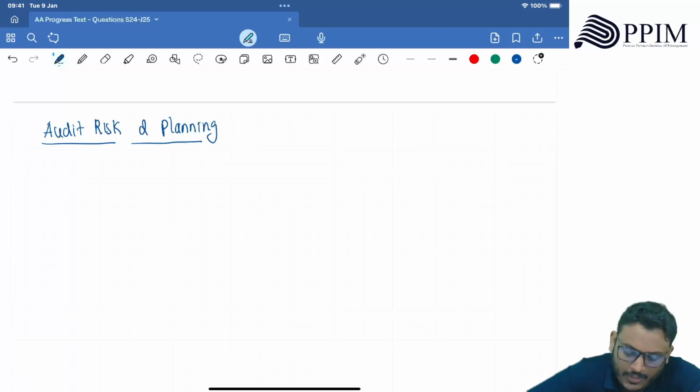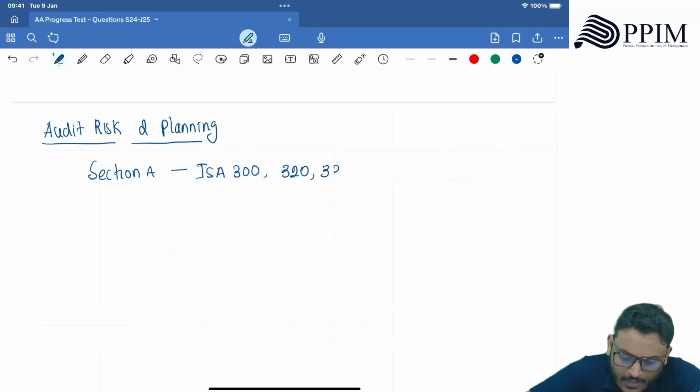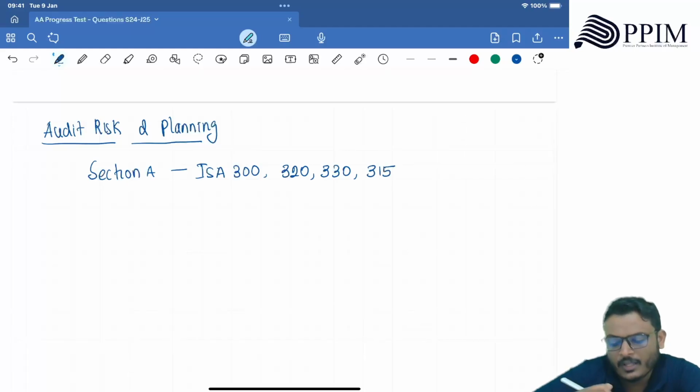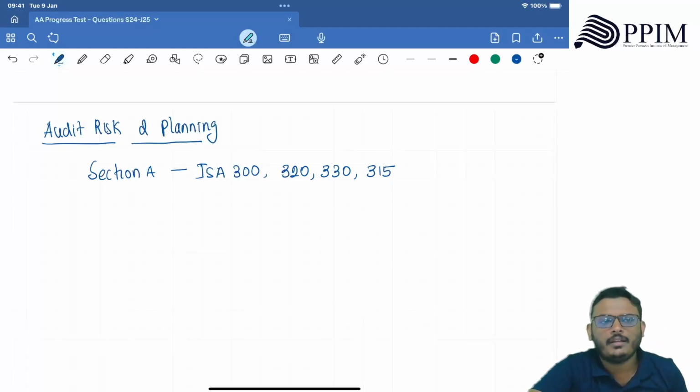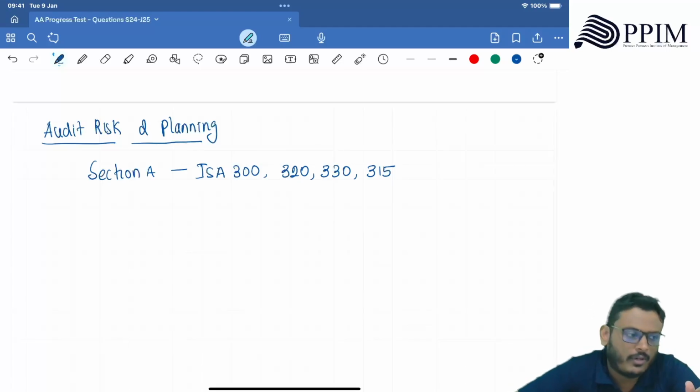So section A also is possible. Then it is tested along with section A, ISA 300, ISA 320, ISA 330, and ISA 315. So ISA 300, if I take, that is about audit planning.